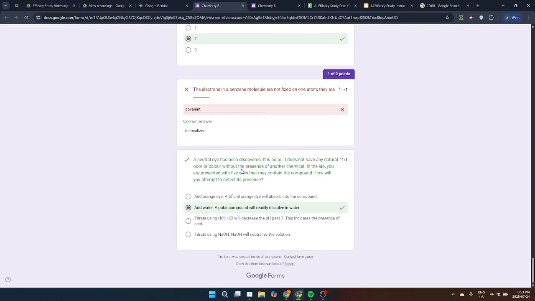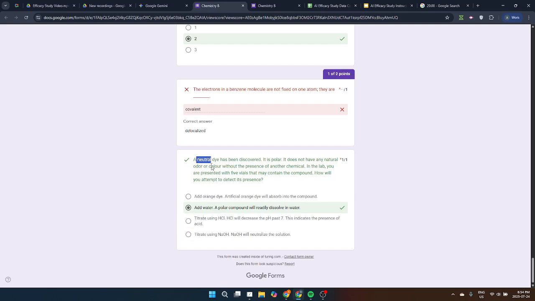So immediately I'm looking at there's 2 titration options, one dissolvability option as well as one dye option, and so I read immediately a neutral dye, right? I originally was looking at titration because it was 2 of the options.